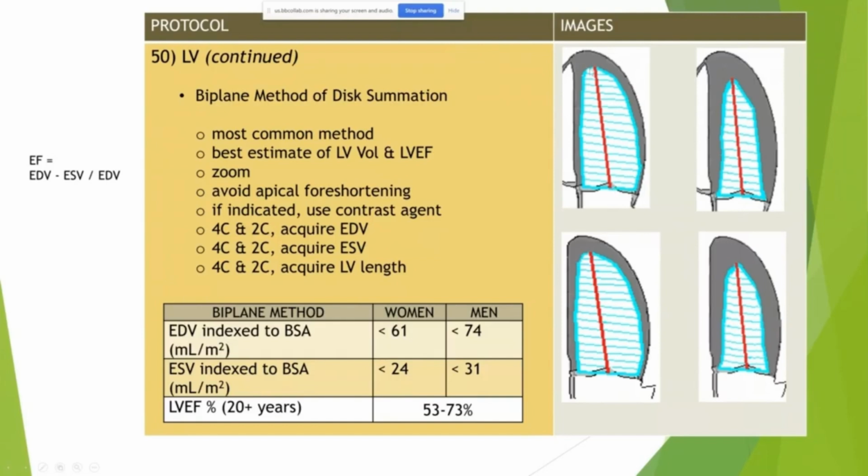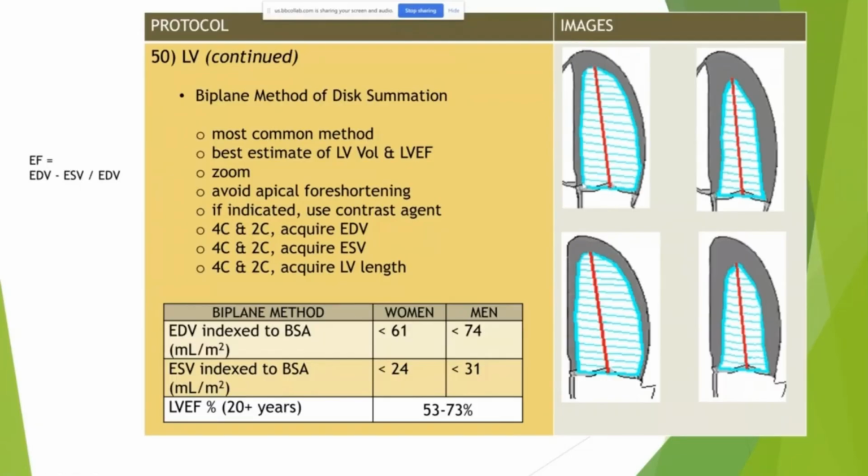And then the LV length, which is this red line right here, what we call a bisector, is going to be between the apical cap and where the valves meet, if you have traced this correctly.